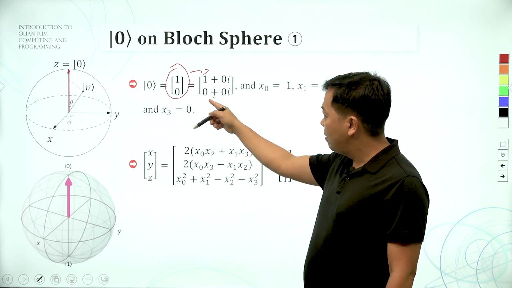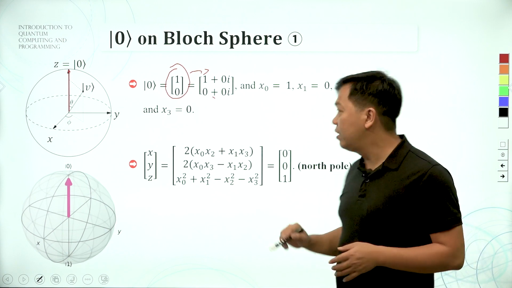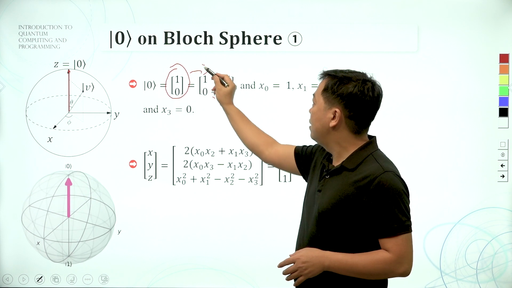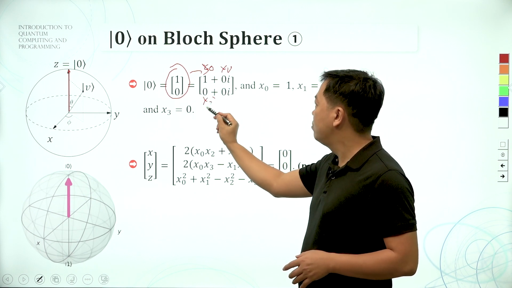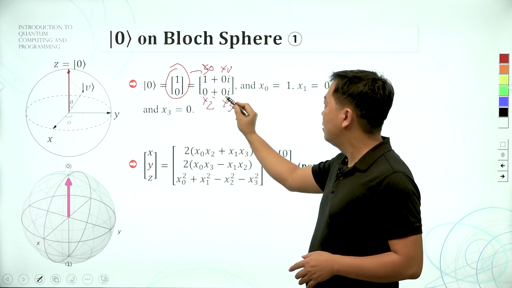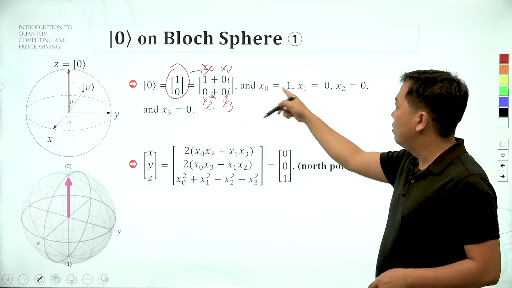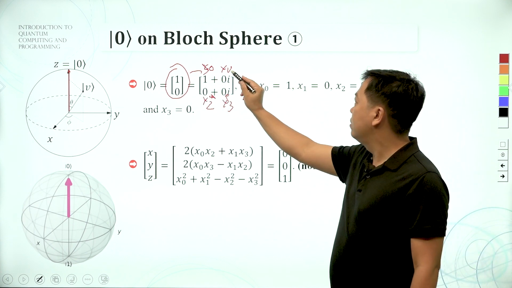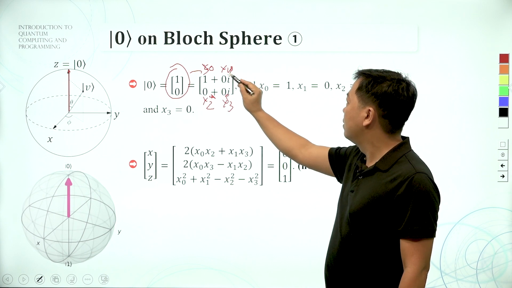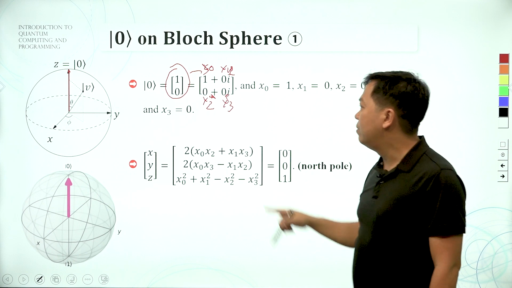Then we can check the values x0, x1, x2, and x3. You see x0 is equal to 1, x1 is equal to 0, x2 equal to 0, and x3 equal to 0.